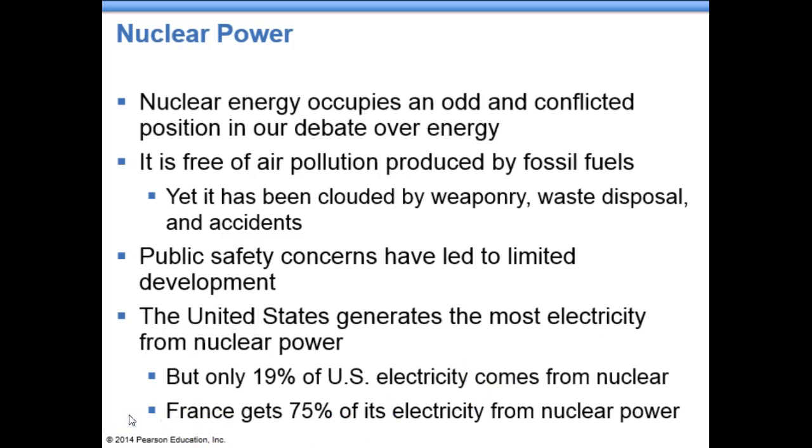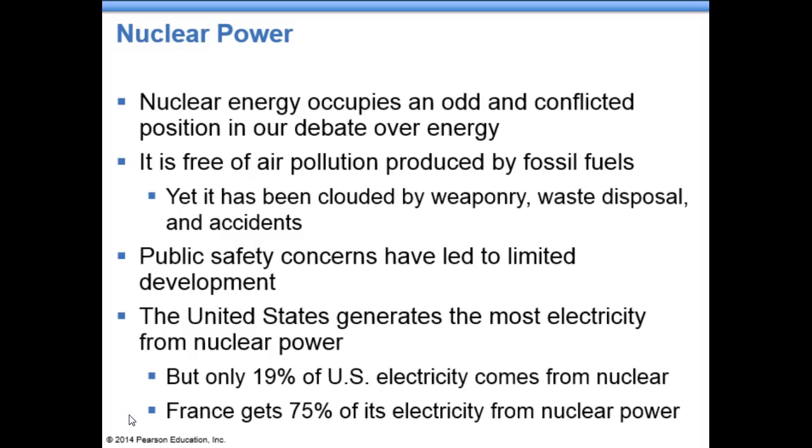Okay, so this is going to be the last point we'll make in this screencast. We're going to focus on nuclear power first. Nuclear power has a very conflicted position, and there is a modern debate over the use of this energy. It is free of air pollution, which means it puts itself forward as environmentally friendly, and it remains one of our most influential solutions to climate change.